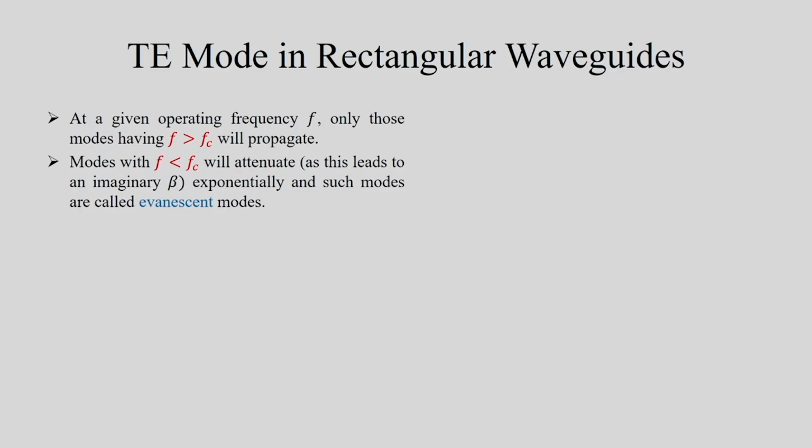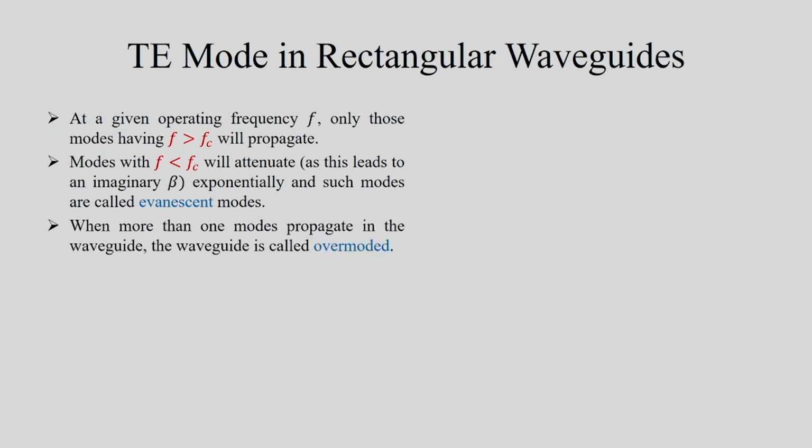So, even if these modes are excited, they will not propagate, they will eventually die out. And when we have more than one mode propagating in a waveguide, we say that the waveguide is overmoded.